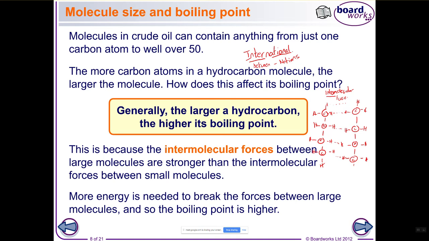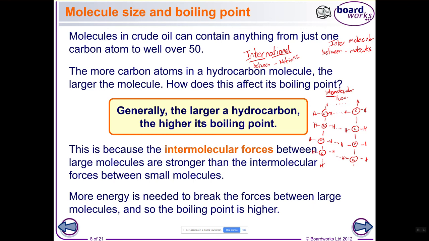So if you fly internationally, you're flying between nations. If you're looking at intermolecular, it means between molecules. Intermolecular. Between molecules. So in this case, these are forces that are between the molecules, okay?